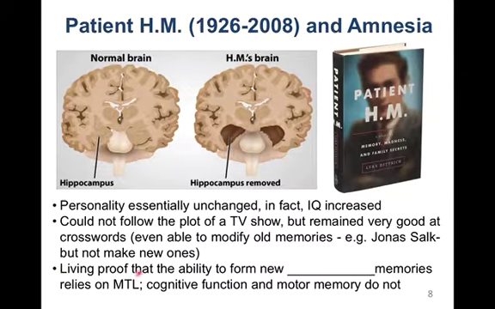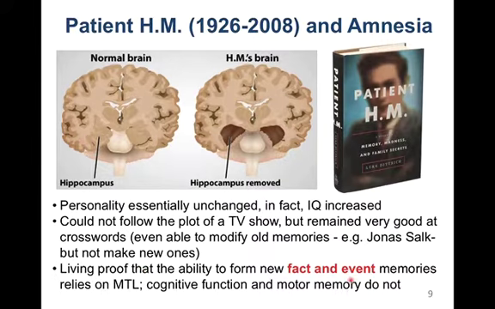However, HM was living proof that the ability to form new fact-based and event-based memories relies on the medial temporal lobe, because that's what he had removed, right? Large chunks of his medial temporal lobe. However, overall cognitive function, i.e. crosswords and IQ and general knowledge, and motor memory don't.